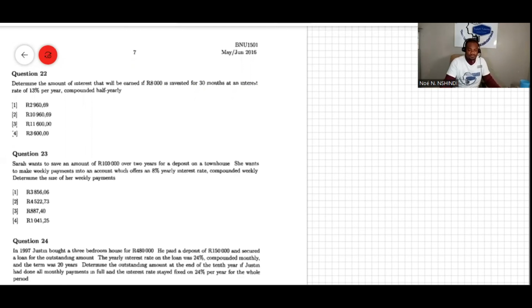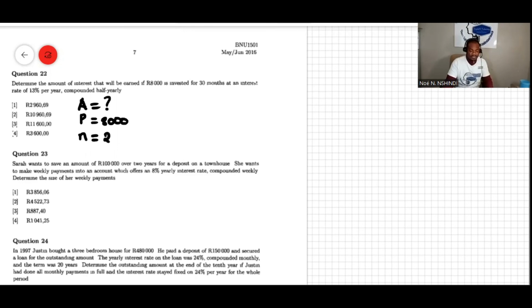Okay, so the amount is the unknown here, and then that will be earned if 8,000 Rand is invested. So the principal is 8,000 Rand, and then for 30 months at an interest rate of 13%. 30 months is the time.